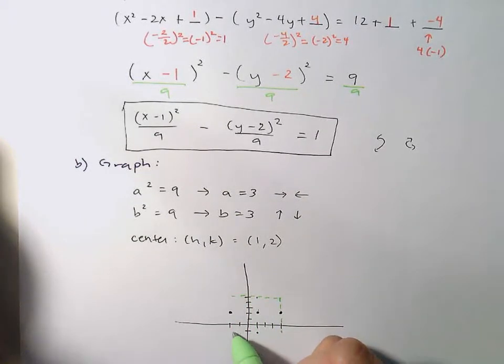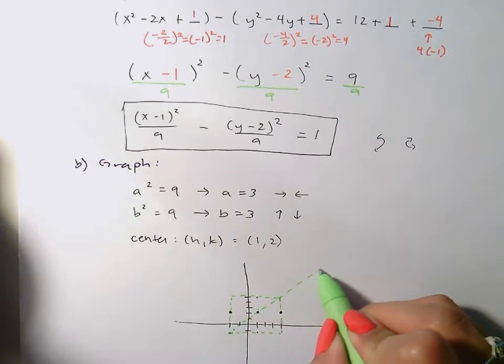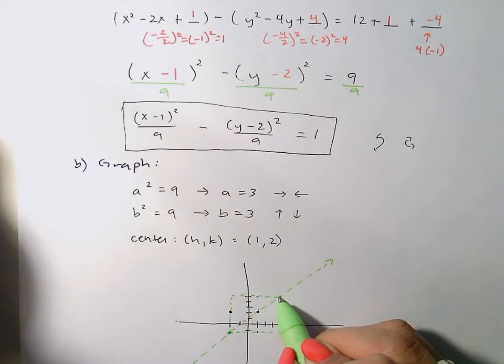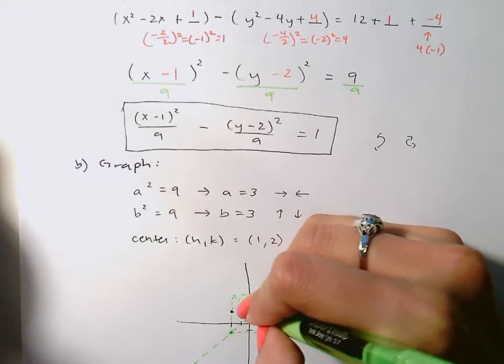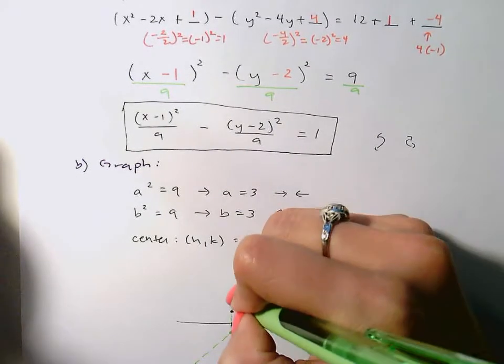For this one, I'm actually going to find the equations of the asymptotes. So let's draw the asymptotes going through the corners of the rectangle and the center, and you do the opposite corners as well.